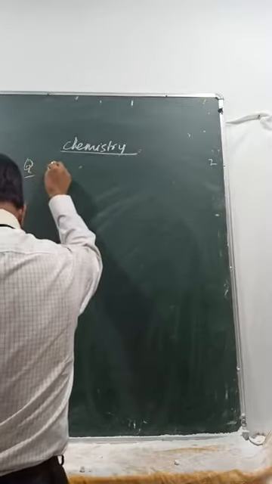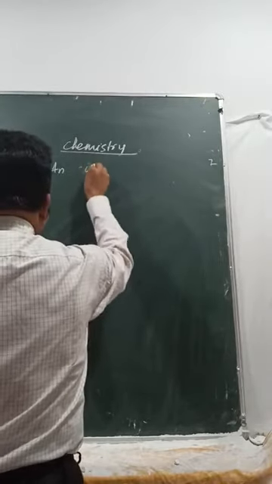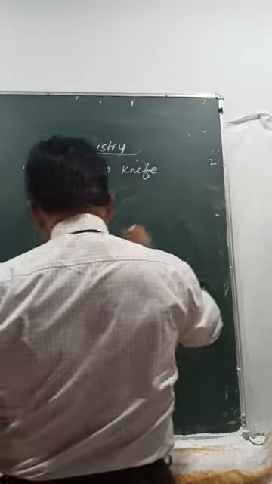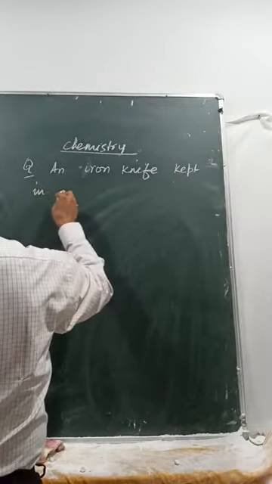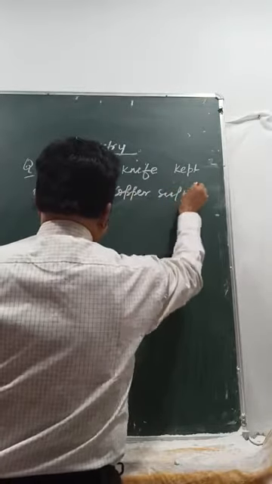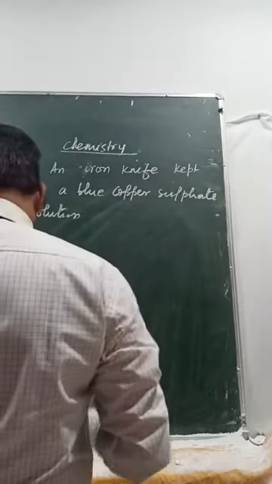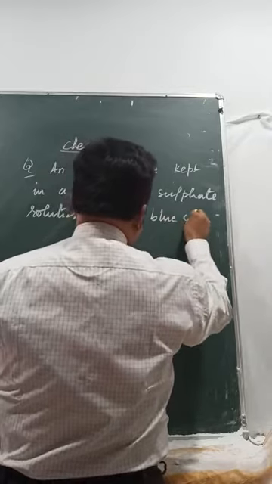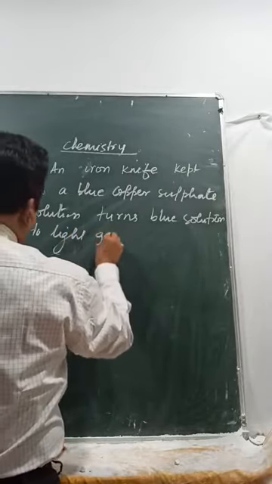The first question is: an iron knife kept in a blue copper sulfate solution turns the blue solution to light green solution.